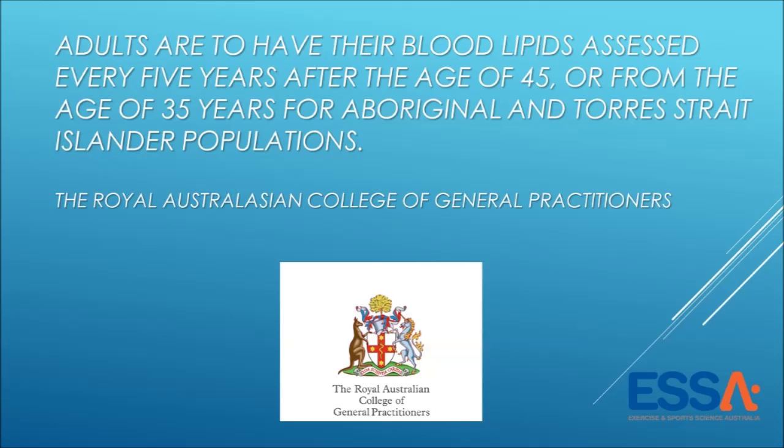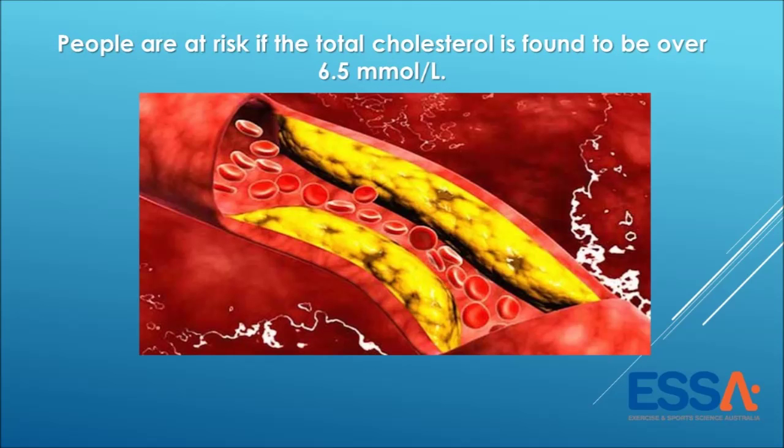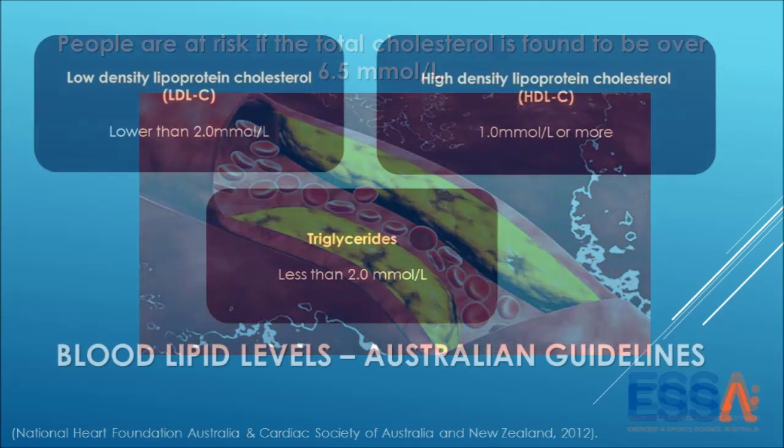People are considered to be at risk if the total cholesterol is found to be over 6.5 millimoles per litre. Moreover, if HDL cholesterol is low, that is less than 0.9 millimoles per litre, and or triglycerides are greater than 1.7 millimoles per litre, people are considered to be at risk.